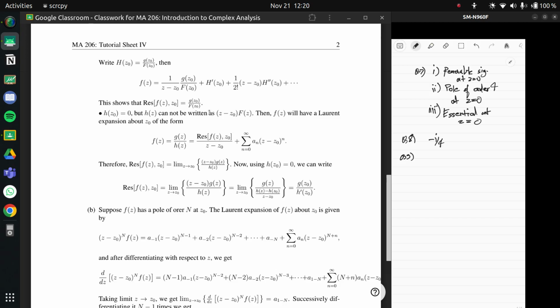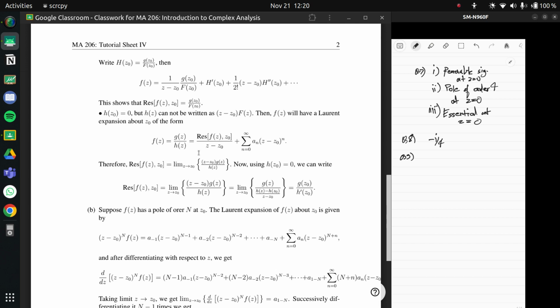You just Taylor expand g and then you get this thing. Amazing. Therefore, the residue of f at z naught is just the limit as z tends to z naught, so you get g upon h multiplied by z minus z naught, obviously. And that's cool. The reason you can take this sort of limit is because there are no other terms in the Laurent expansion. So basically it's a pole of order 1.